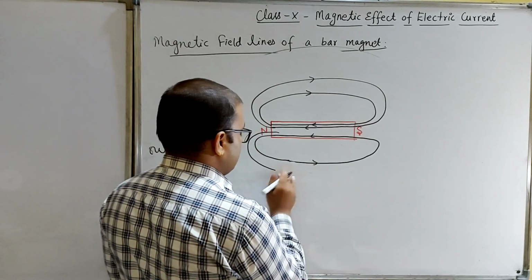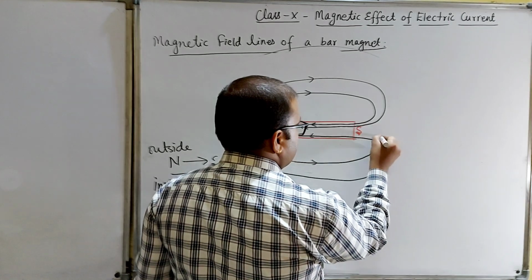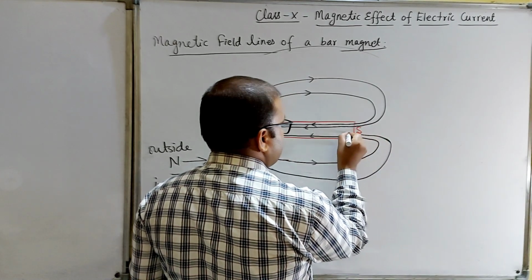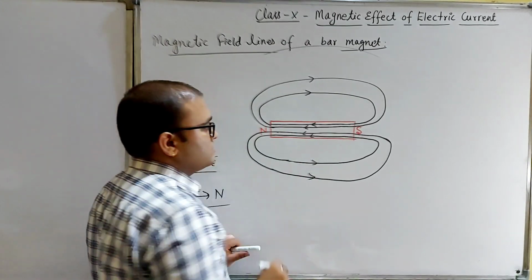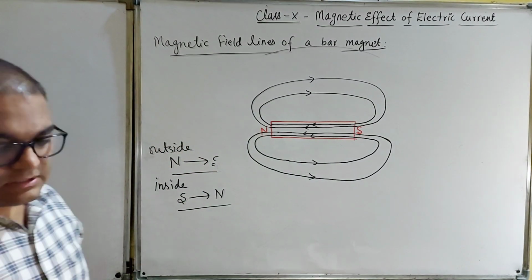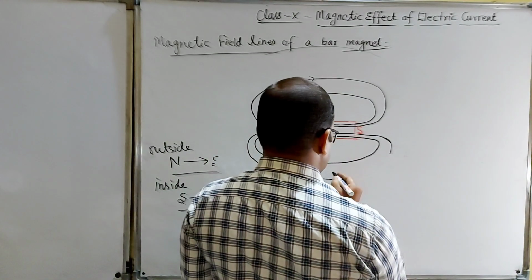Suppose this is another magnetic field line. Outside you can see this is north to south, and inside it is from south to north. So this is the pattern. In this way we can represent the pattern of magnetic field lines.